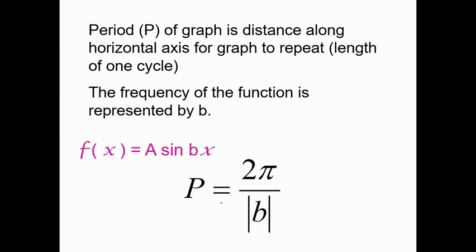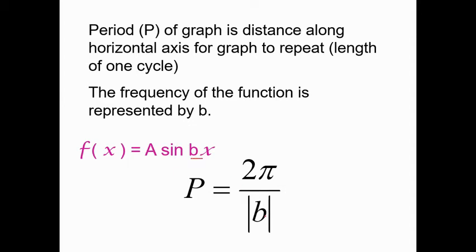All right, the period of the graph is the distance along the horizontal axis of the graph to repeat. In other words, the length of one cycle. So far, that's all we've looked at is one cycle, and the lengths of our one cycle have all been 2 pi. Now, frequency is right in here, and it's multiplied by your x value.